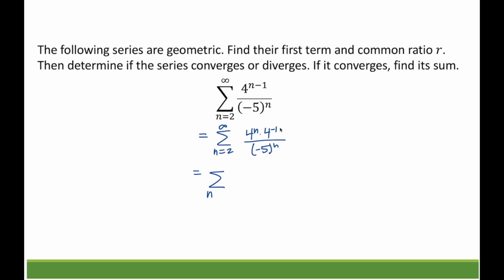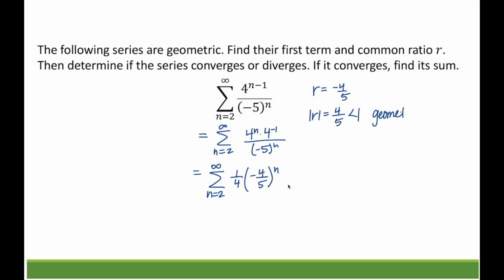So this is the sum of n equals 2 to infinity of 1/4, and then -4 over 5 to the n is how we can express the remaining pieces of our general term. So -4 over 5 is our r value. R is -4/5. The absolute value of r is 4/5, which is less than 1.